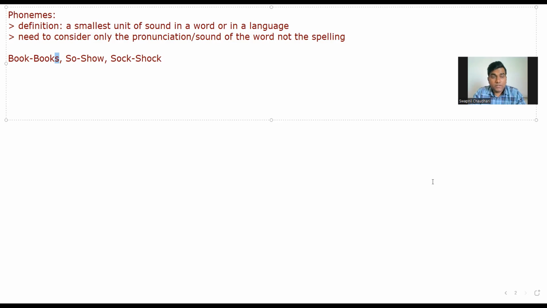Sir, right? So it's not only with sir, it's also with right? So phoneme is the smallest unit of sound in the word or in the language, right? So let's just try to work on this concept a bit more with some examples here.